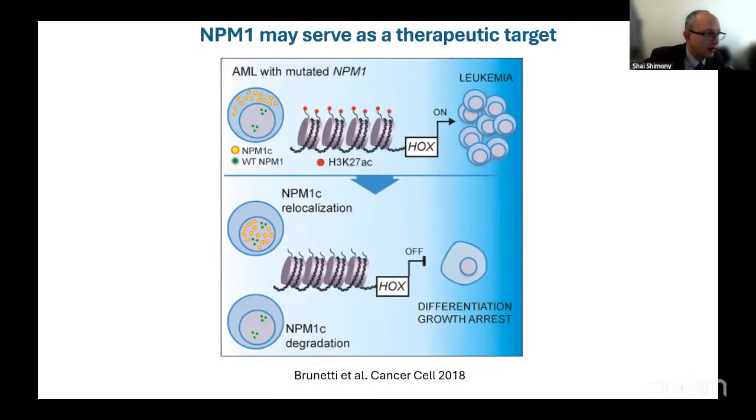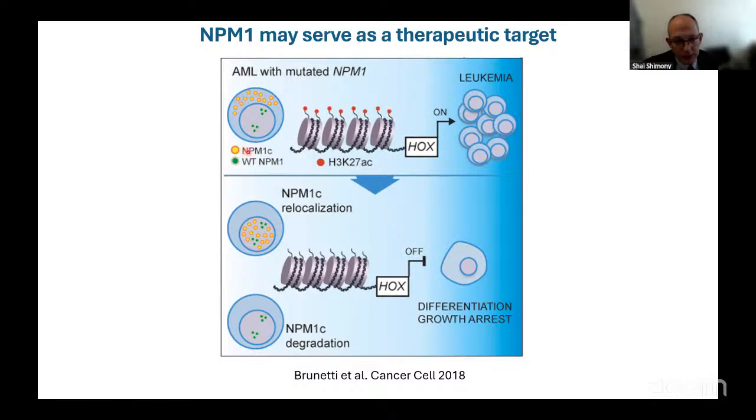Now, the last part about NPM1. NPM1 can also serve as a therapeutic target. If you remember, I told you that the mutated NPM1 goes from the green inside the nucleus and goes out into the cytoplasm of the cell.